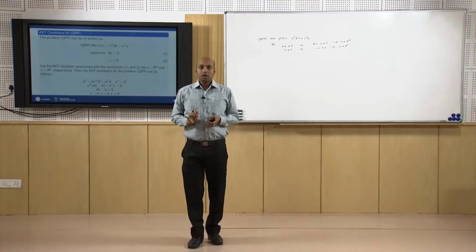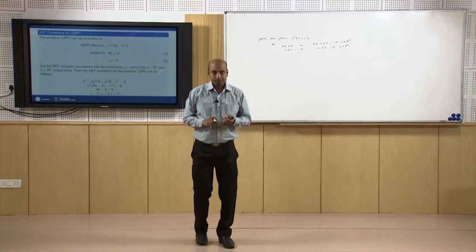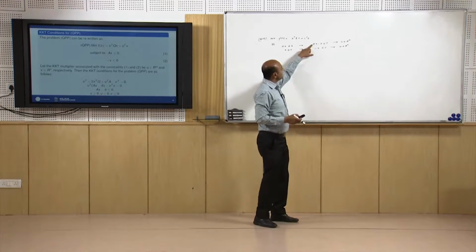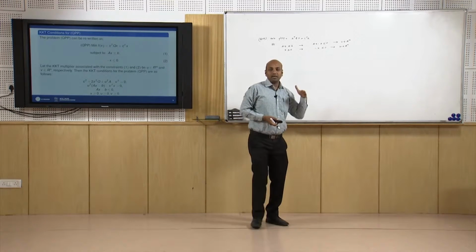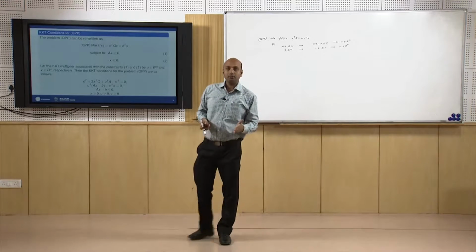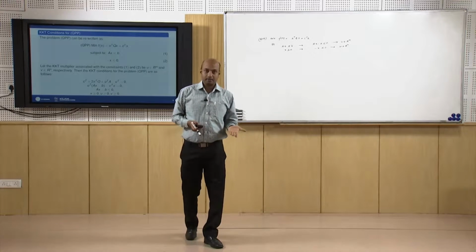So how many KKT multipliers do we have now? M plus n. M for these constraints because these are m in number, and n for these constraints because these are n in number. So the total number of KKT multipliers required to find the KKT conditions for the QPP is m plus n.